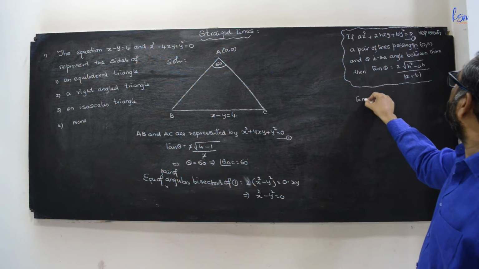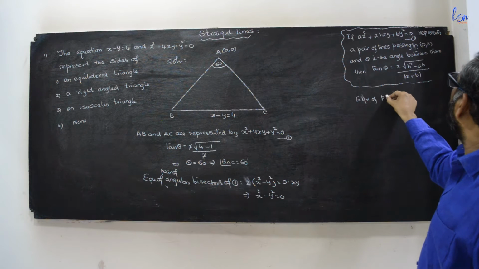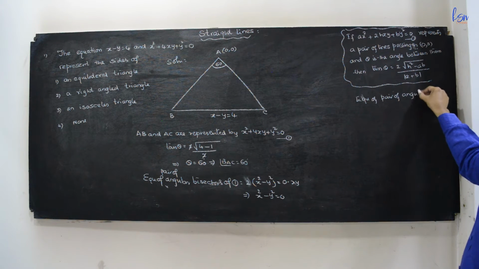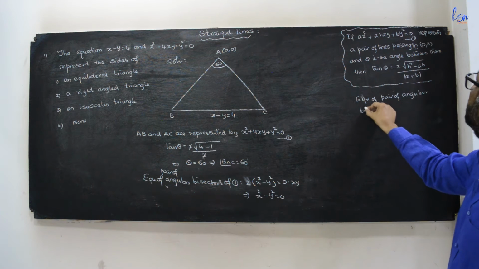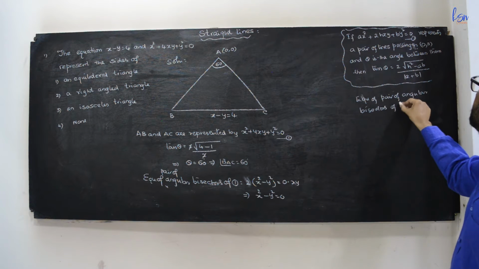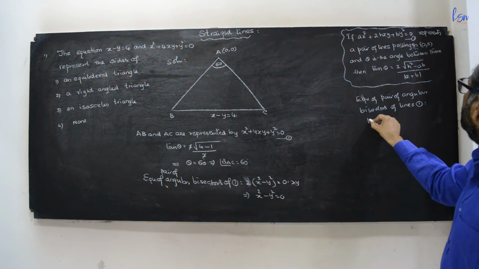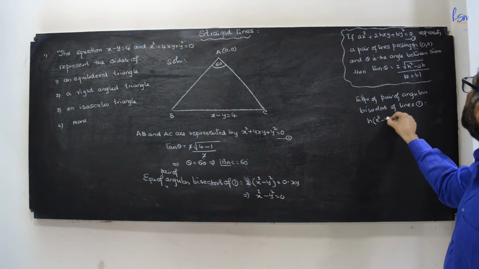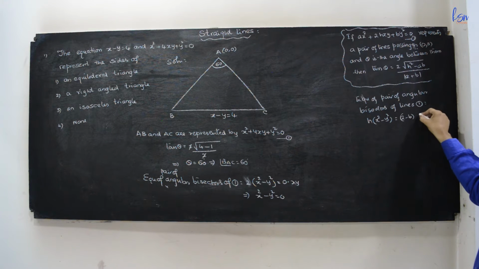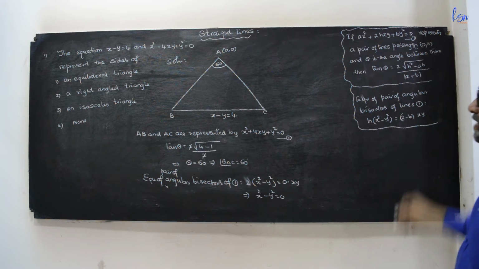Equation of pair of angular bisectors of lines is h into x square minus y square equal to a minus b into xy. So this is about the angular bisectors.